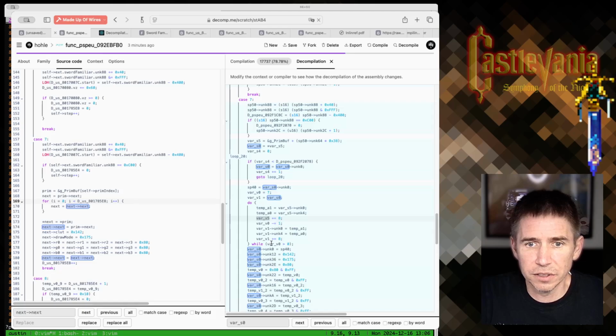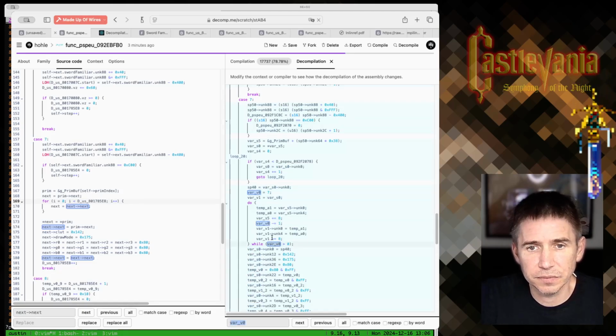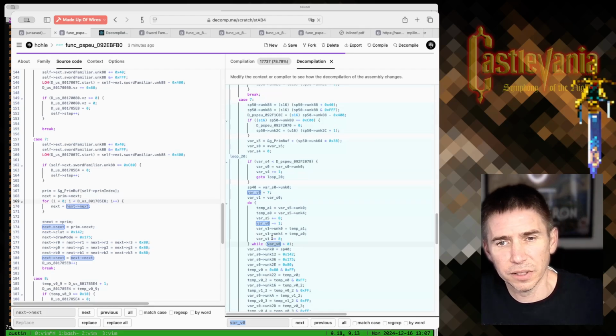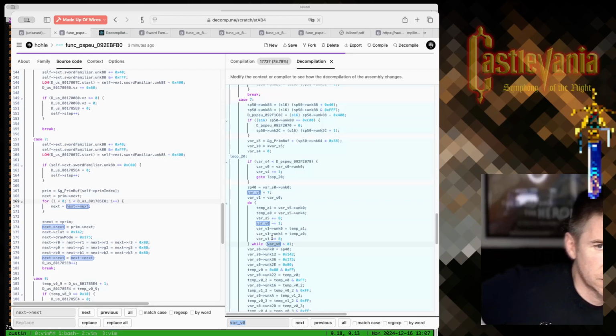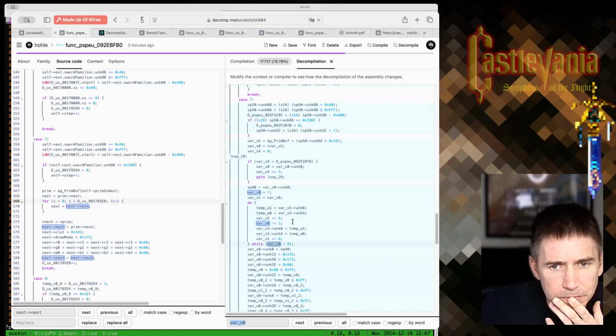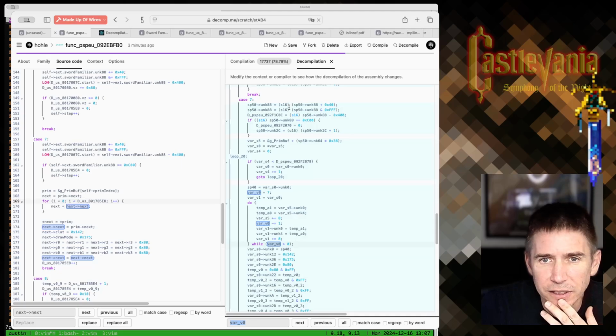And what is var v0? Var v0 is 8. I wonder if this is a mem copy. I'm going to go, no, these are not the right types. Or this is just completely wrong.